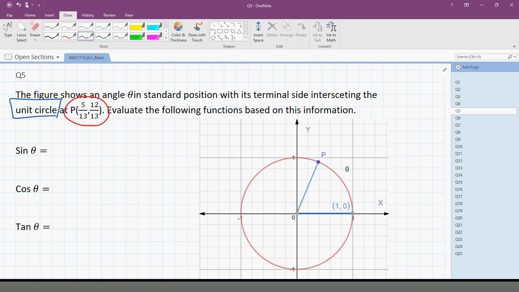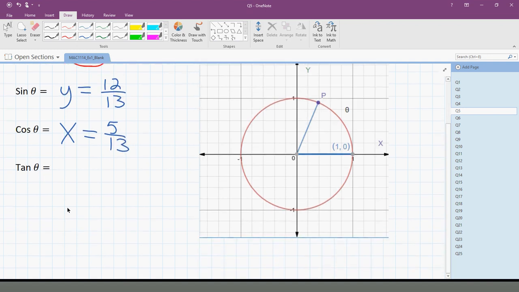So what is the formula for sine when given a point? That's right. It's just the y value. So the y value was the 12 over 13. Perfect. What is the formula for cosine? Right on. The x value, 5 over 13, is spot on.